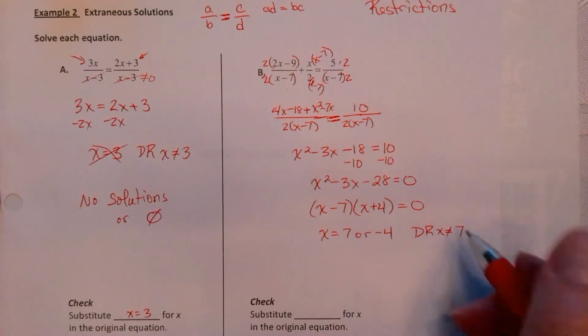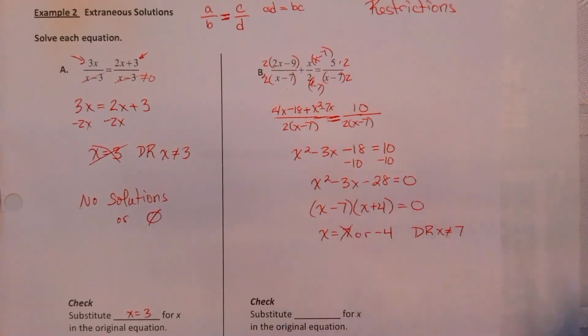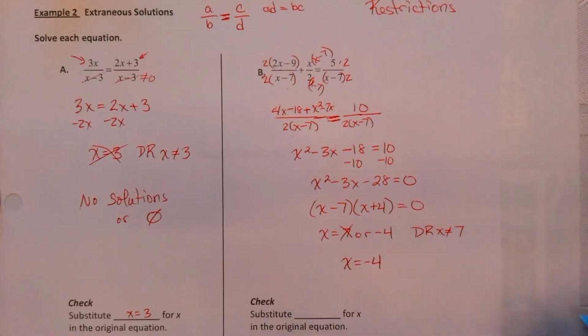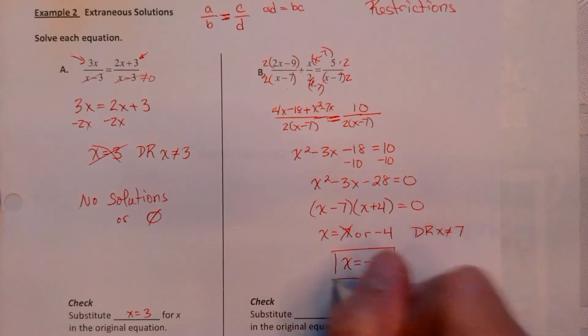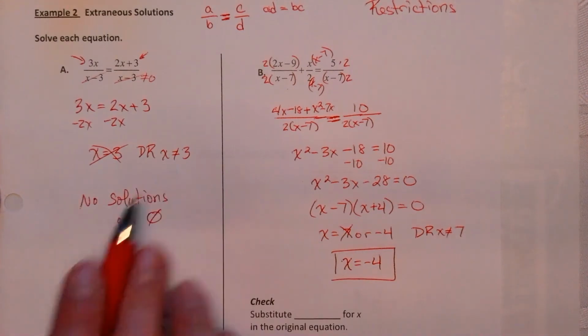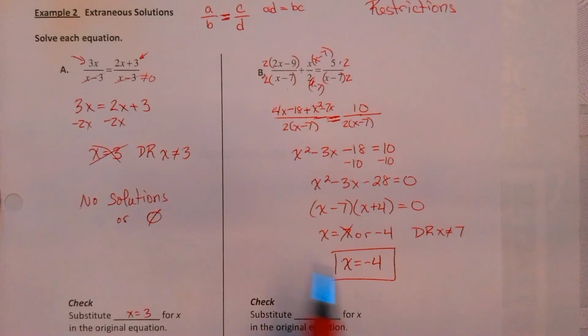So since x can't be 7, I'm going to throw out that answer, and my final answer is just x is negative 4. So if I only have one answer, and that answer gets thrown out by my domain restriction, I have no solutions. If I have two answers and one gets thrown out, they could both get thrown out, but if only one gets thrown out, I still have one answer.